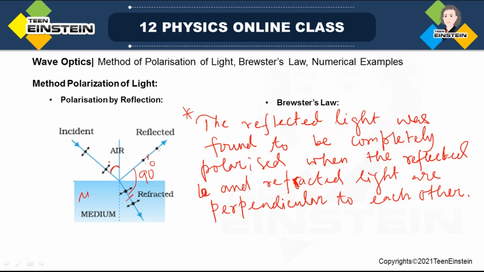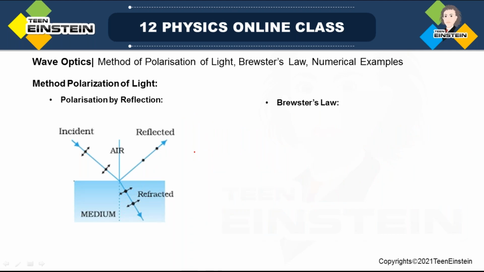There will be a particular angle of incidence for which the reflected ray and refracted ray will be perpendicular to each other, and that depends on the refractive index of the second medium. I'll repeat this.